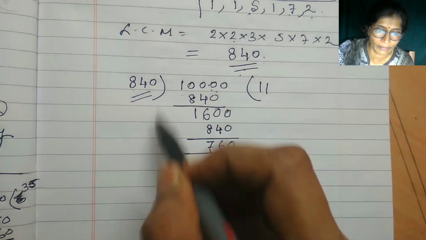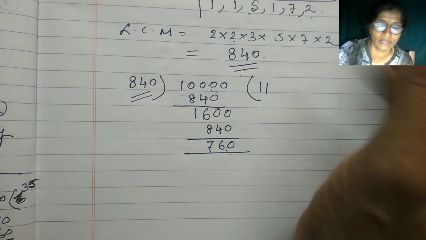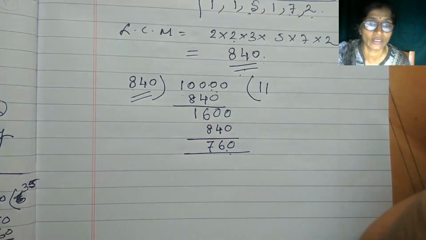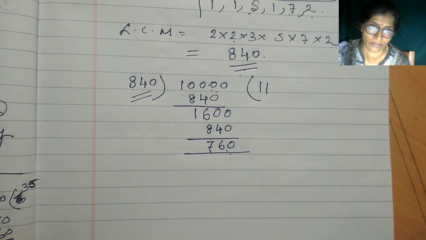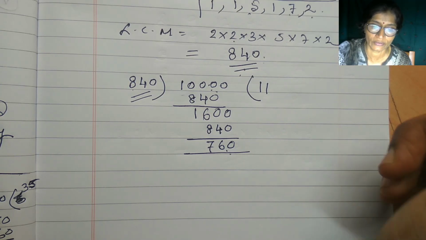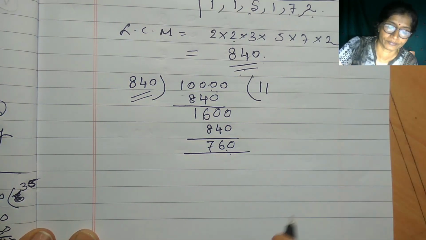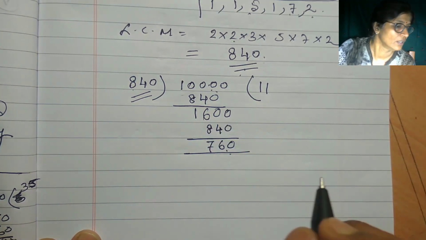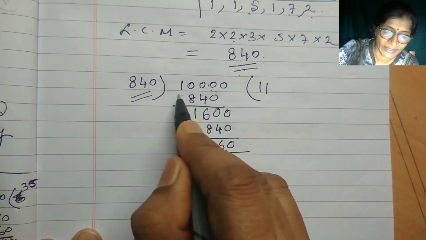But here if I do that, it will become less than this, or it will become a 4-digit number. So first what I will do, I will take this one.